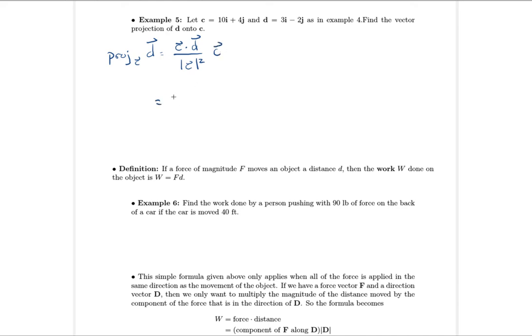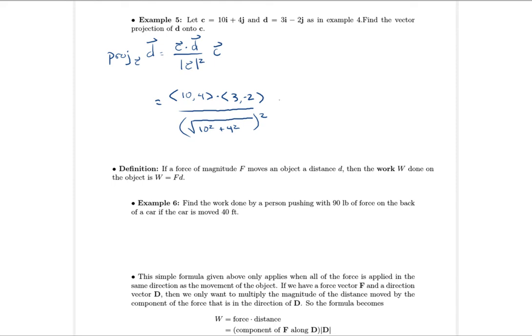So 10, 4, dotted with 3, negative 2, over the square root of, now, of course, we know the square root's going to go away, right? Because I am squaring it. But I'm just trying to be complete for this example, but you could just drop it if you wanted.